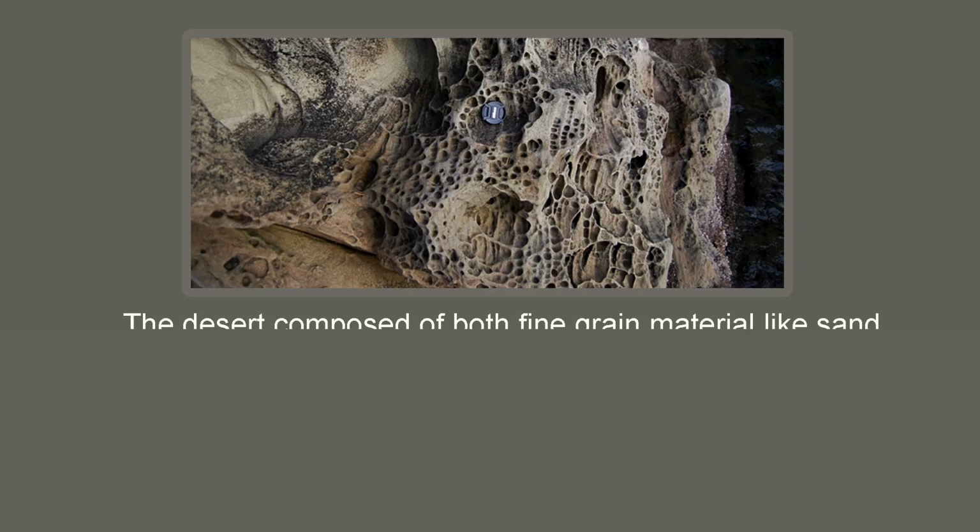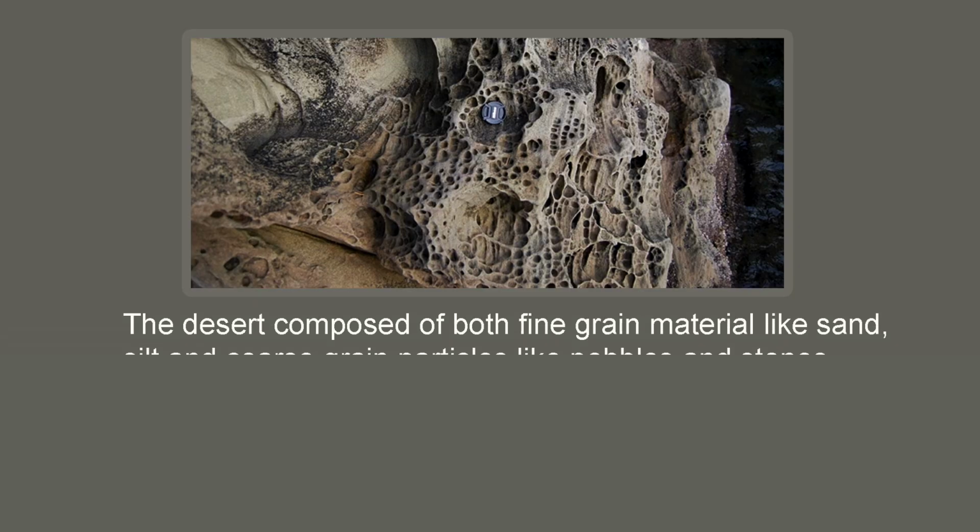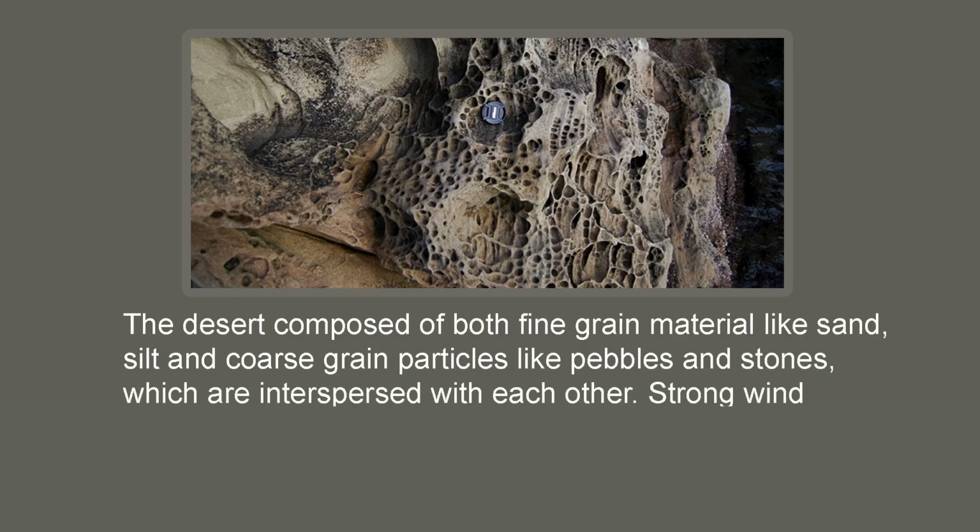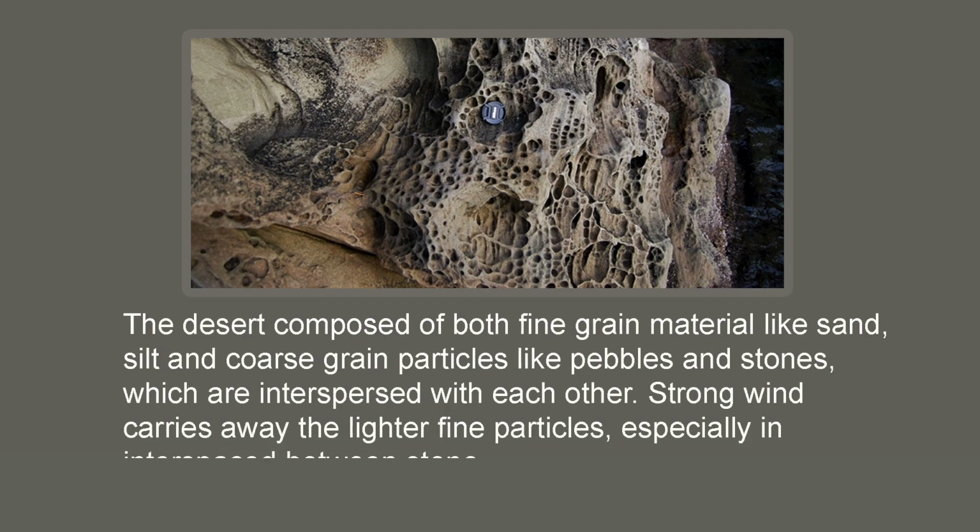The desert is composed of both fine-grained materials like sand and silt and coarse-grained particles like pebbles and stones, which are interspersed with each other. Strong winds carry away lighter, finer particles, especially in the spaces between the stones.